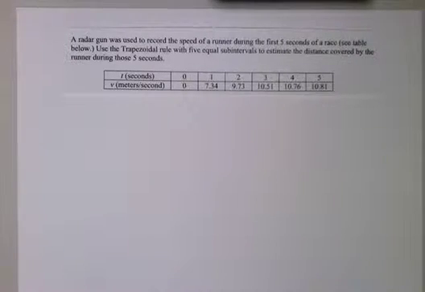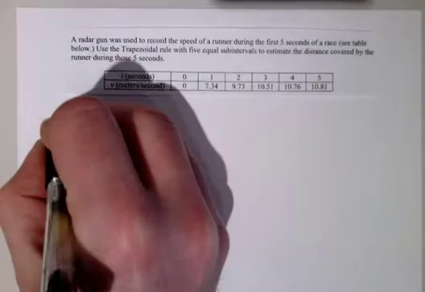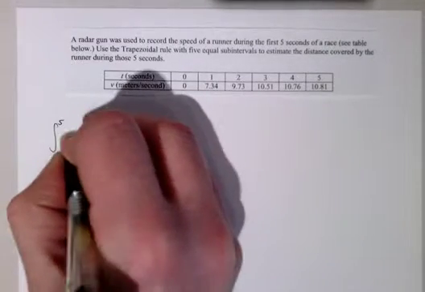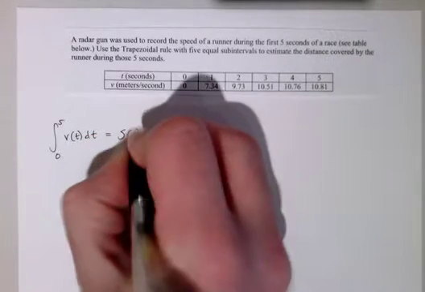And since all the trapezoidal rule is doing is giving you a way of estimating the integral, it's giving you a way of estimating displacement. Because if I were to go from 0 to 5 of v of t dt, that would give me s of 5 minus s of 0.